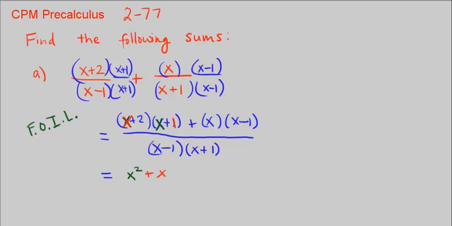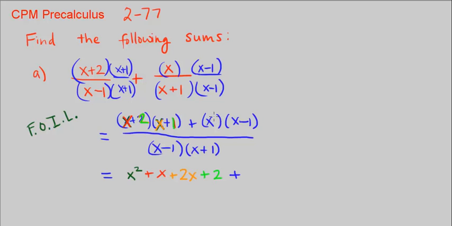Inside, I'm going to use a different color, is the 2 and the x. So 2 times x is 2x. And last is looking at the last terms in both binomials, the 2 and the 1. 2 times 1 is 2.